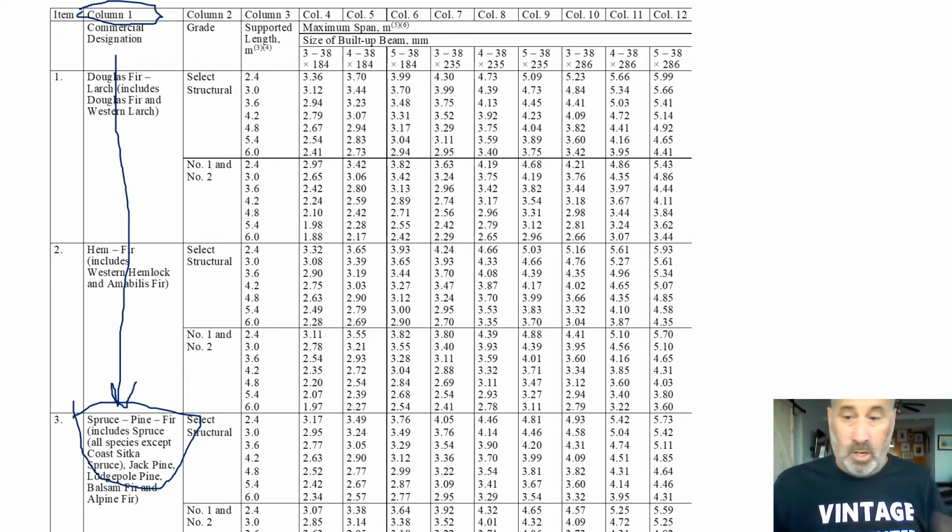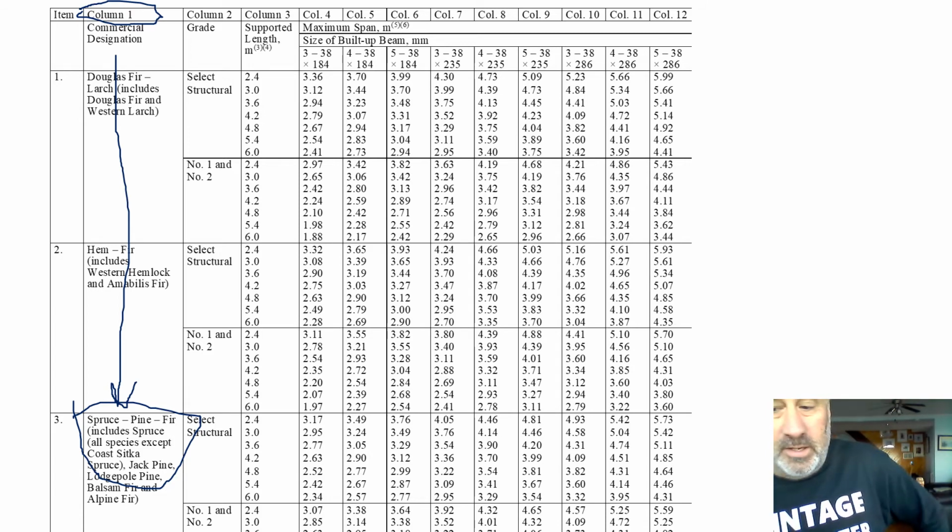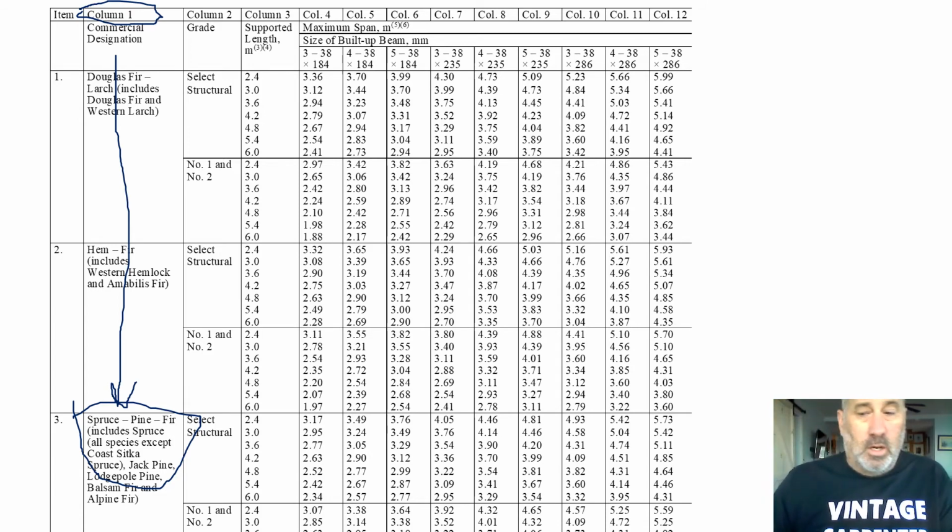That is basically our framing lumber. So depending on what lumber you have, that's where you're going to read it. For this example, we'll say we have select structural because that table is not cut off in the picture.